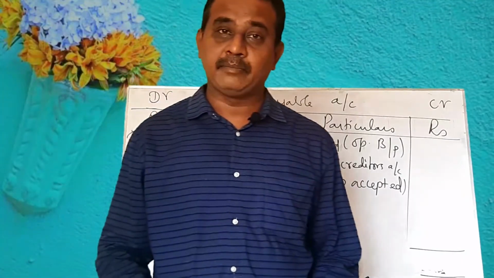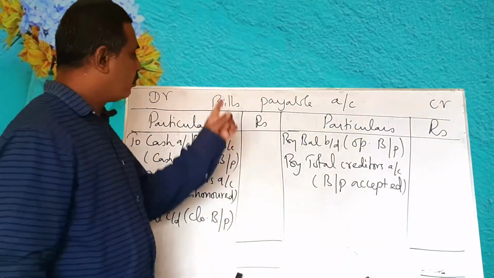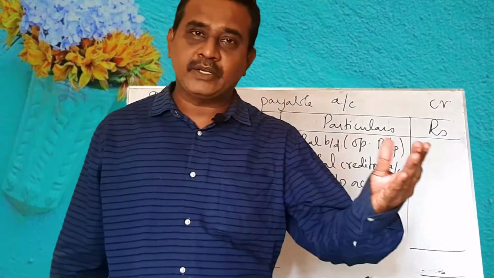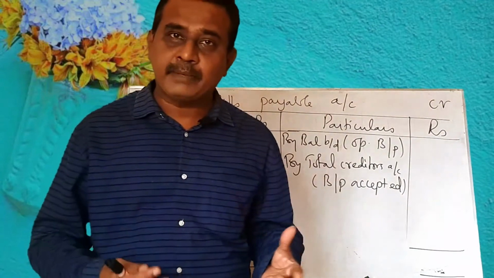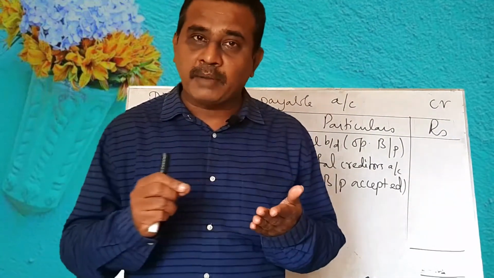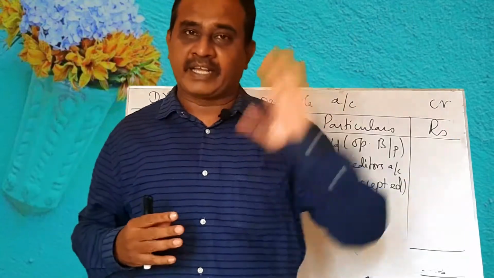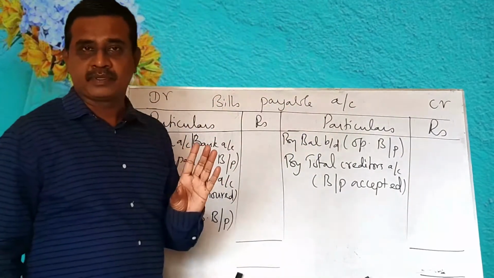Now, let us see bills payable account. And remember, what is bills payable? As we get promissory notes from our customers, our suppliers will get promissory notes from us. When those promissory notes are signed by us and sent back to our creditors, they become bills payable.